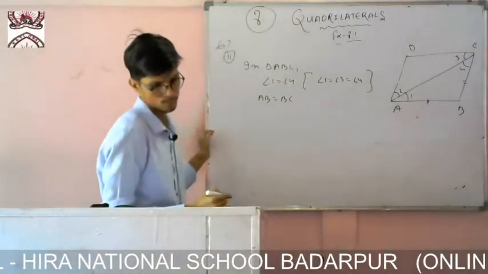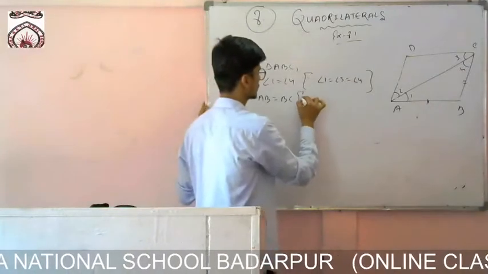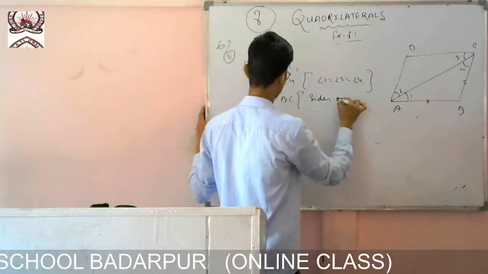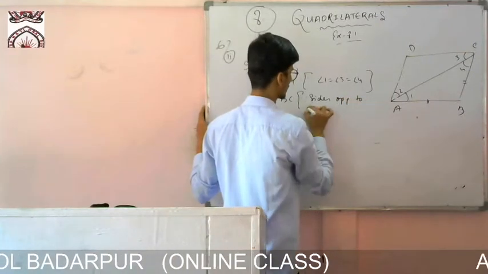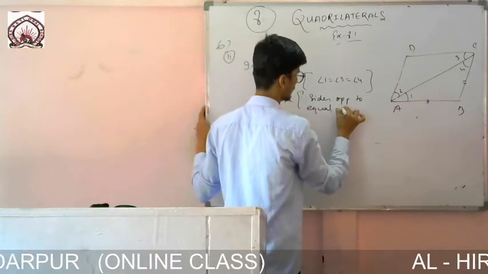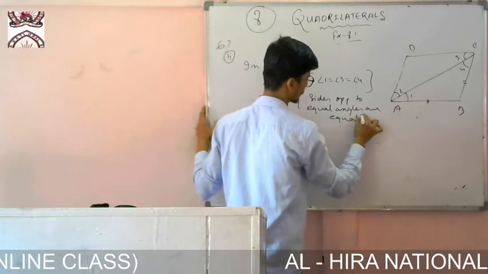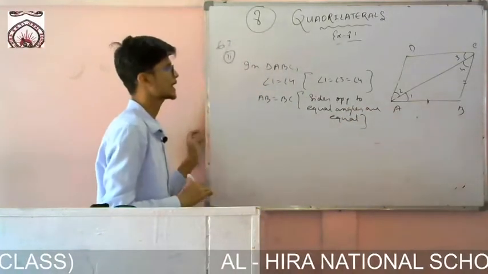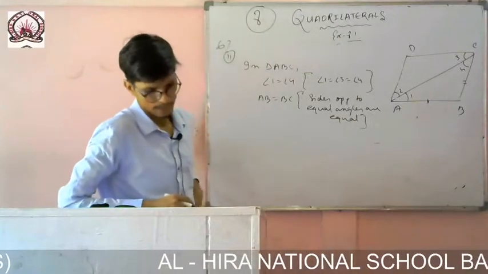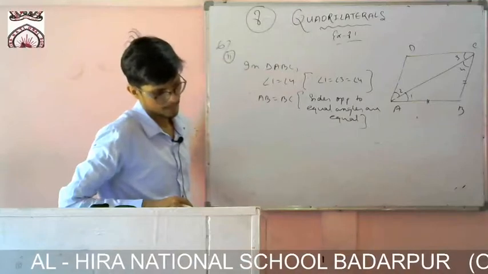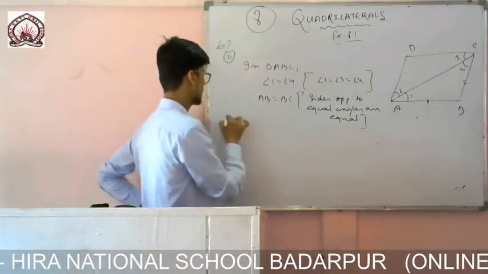AB is equal to BC, since sides opposite to equal angles are equal.